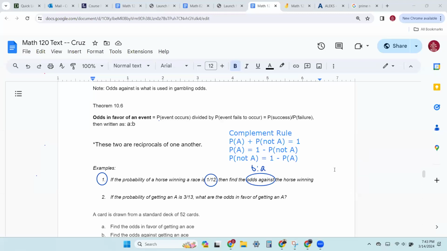So the probability of a win, I'm going to put W for horse winning, is equal to 1/12. I'm going to write it out because you just can't write fractions linearly like that. So using the complement rule, what is the probability of not W?